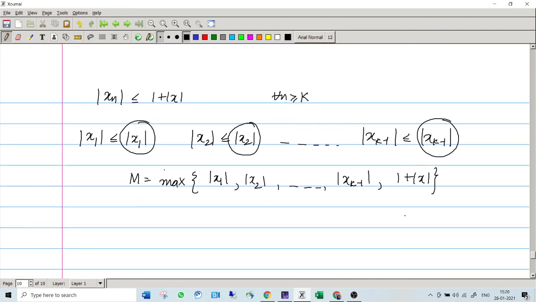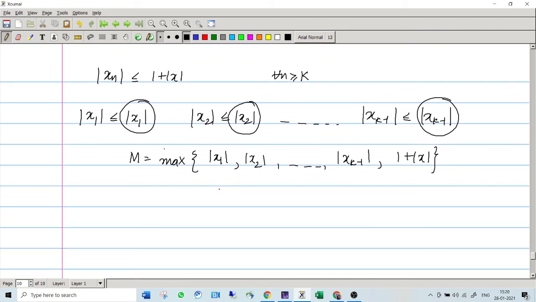So you can see now जो xn's होंगे, if n is equal to 1, it is less than or equal to m, yes, because वो यहाँ से satisfy हो जाएगा. If n is equal to 2, it is less than or equal to m because maximum जो भी है इसका, x2 is less than or equal to mod of x2, and m was the maximum of all. मतलब mod of x2 will be less than or equal to m for sure, no?